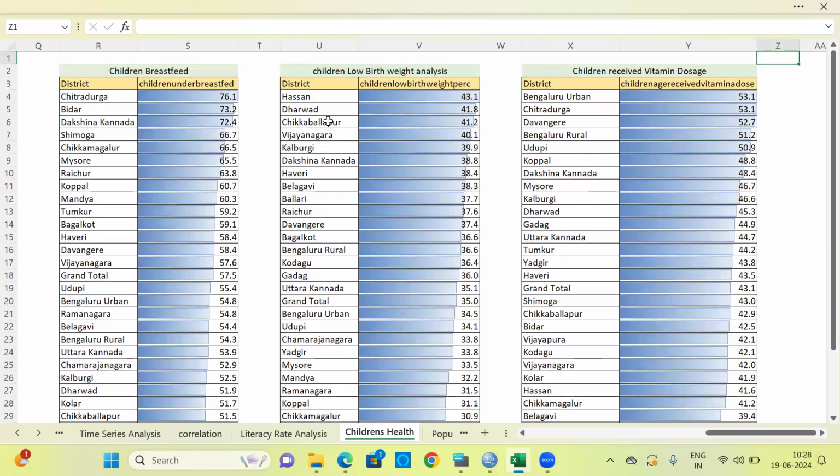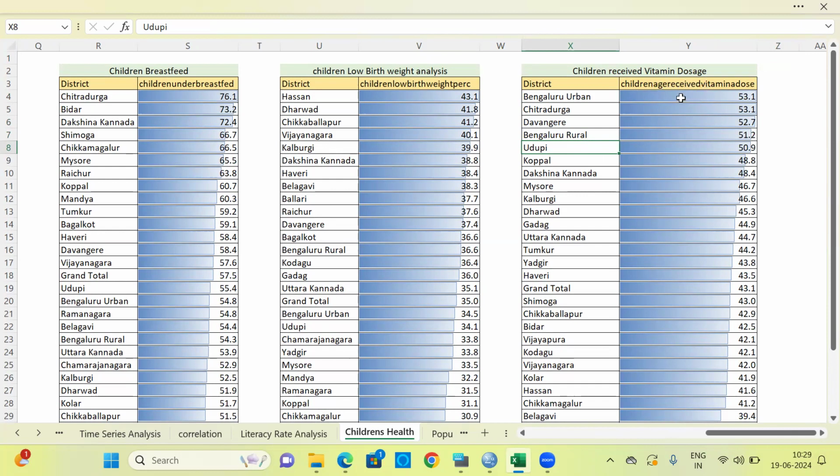Let's now look at the third dimension, which is children who have received vitamin dosage. Here you can see Bengaluru urban, Chitradurga, Davangere, Bengaluru rural, and Udupi district, where children who have received vitamin dosage is on the higher side.